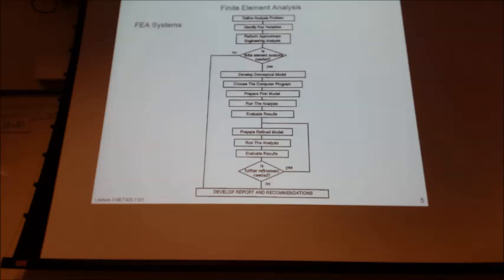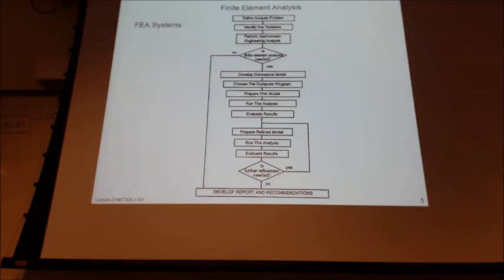If it's not, then we go into the finite element analysis portion of the tree here and work through the process of developing the mesh that overlays the geometry, processing it, and interpreting the results and validating the results, because it's very important that we're able to validate the results.